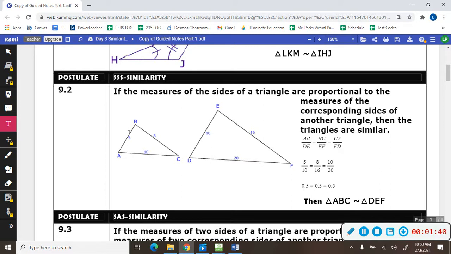So 10 divided by 5 is 2, and 16 divided by 8 is 2, and 20 divided by 10 is 2. Since I got 2 all three times, that means these triangles are similar. Notice they went the other way. They did 5 divided by 10 got 0.5, 8 divided by 16, 0.5, 10 divided by 20 got 0.5.